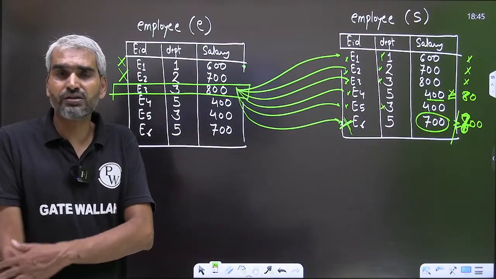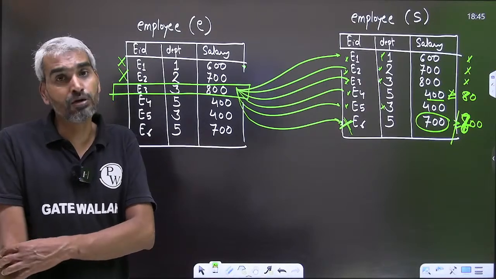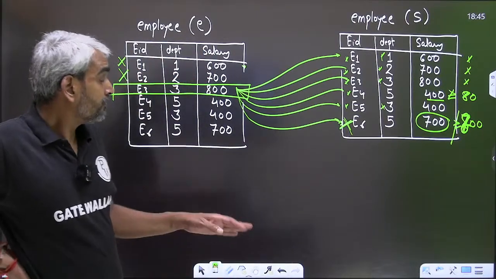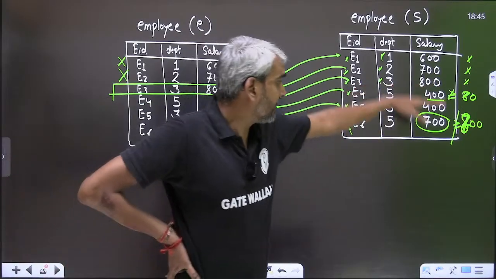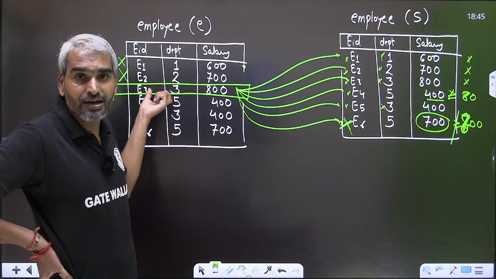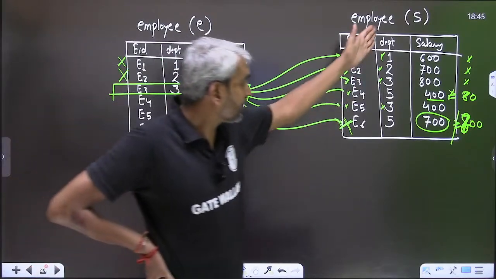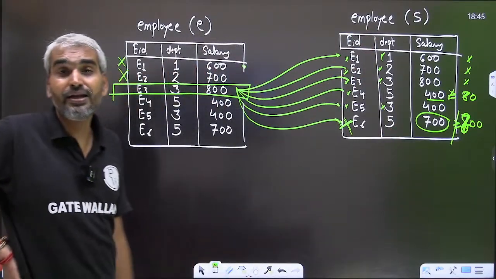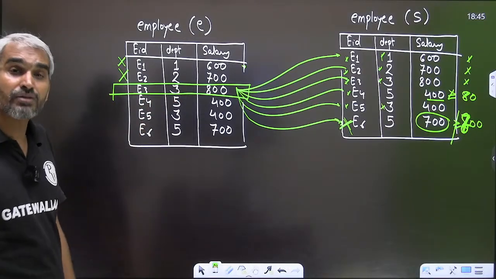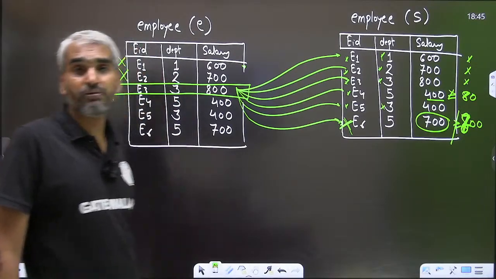We only need to check with respect to employees of department 5. So if no employee of department 5 has a salary more than the salary of the employee under consideration, then no tuple will be selected by the inner query, and for that particular tuple from the outer relation, not exists will return true, and that particular tuple will get selected.